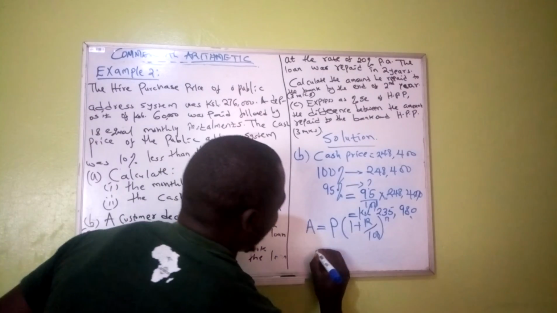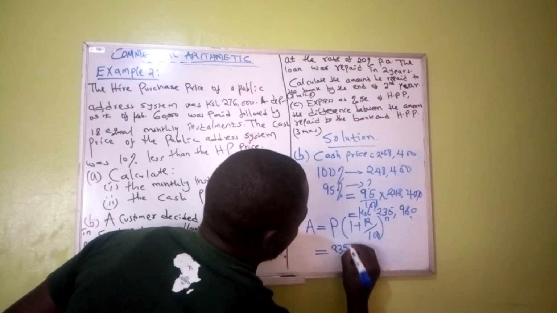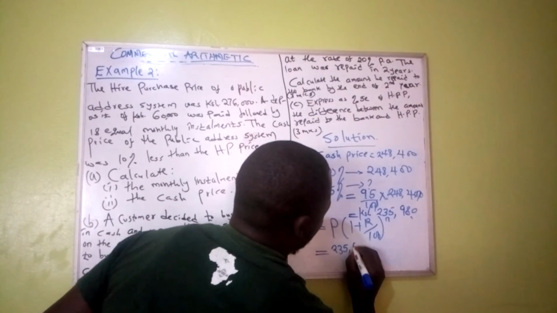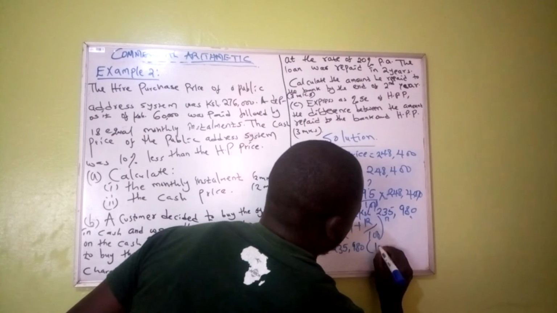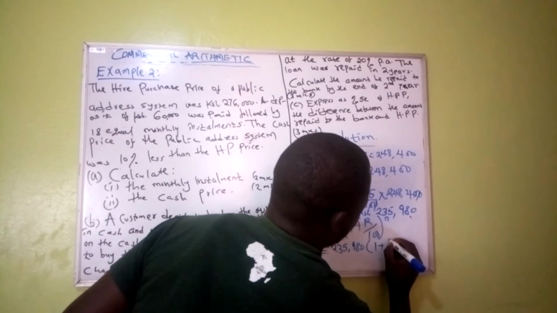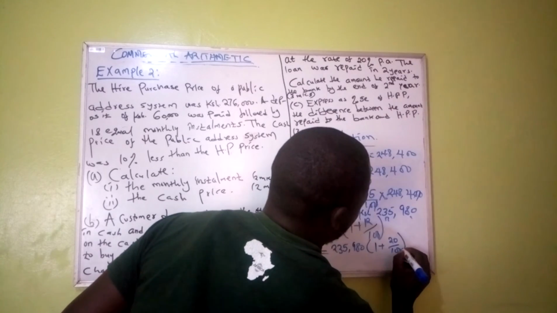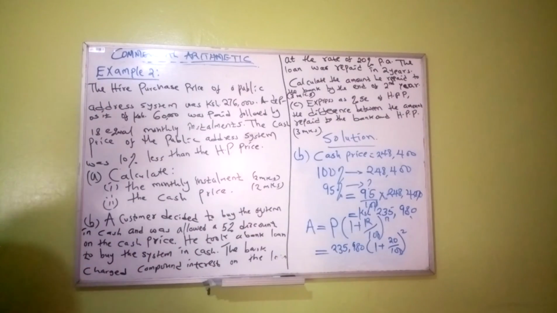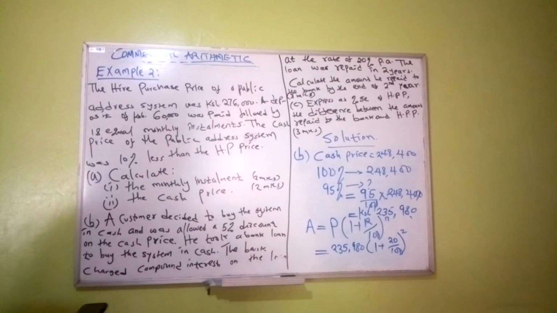Now we are good to go. The answer is 235,980 times 1 plus r, which is 20 over 100, raised to power 2.